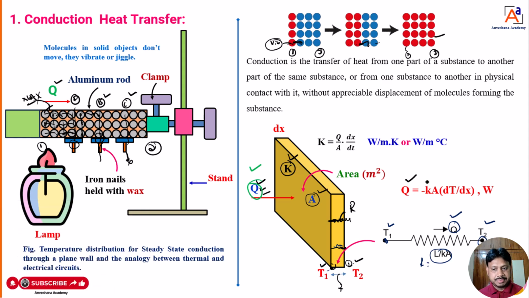Q is equal to minus K A dT by dx, where K is thermal conductivity, A is the area of the plate or object, dT is the change in temperature, that is T1 minus T2, and dx is the thickness of the plate, dear students. You can take L or dx, it's up to you. Then the unit is joules per second, energy transfer per unit time. That 1 joule per second is equal to 1 watt, dear students. This is conduction heat transfer.